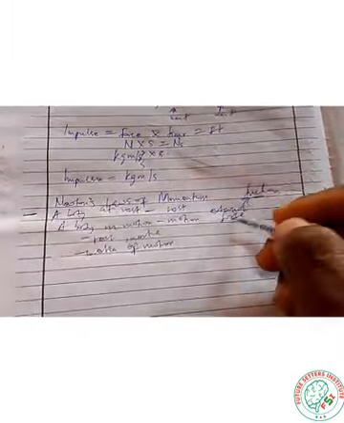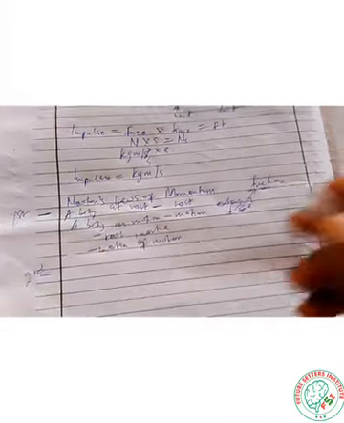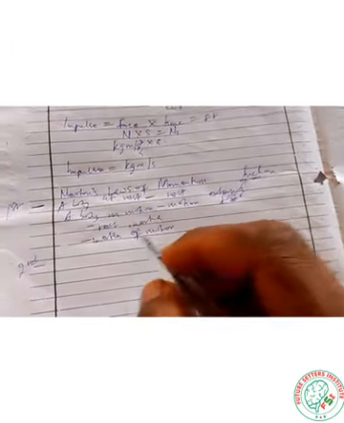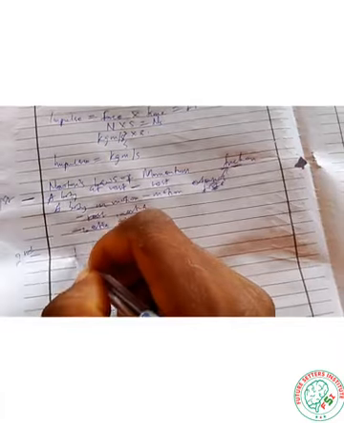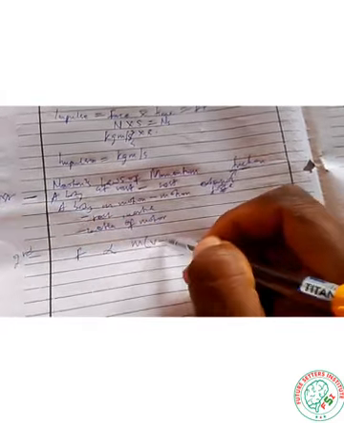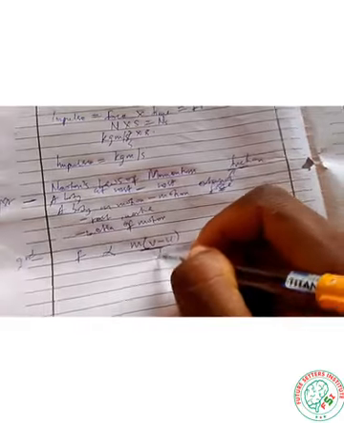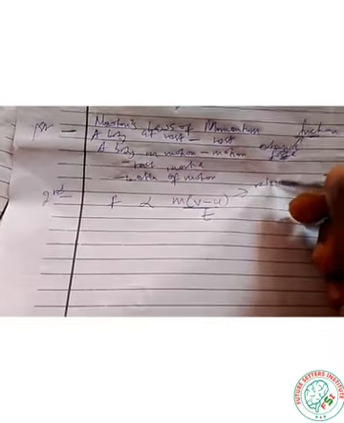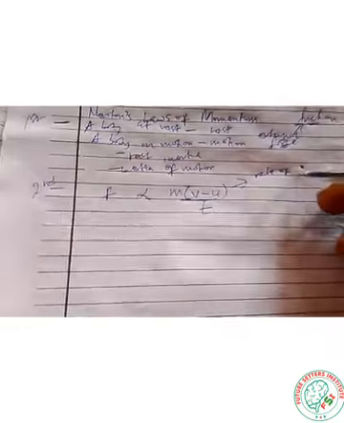Then we have the second law, which states that the rate of change of momentum with time is directly proportional to the force. So force is directly proportional to the rate of change of momentum with time.